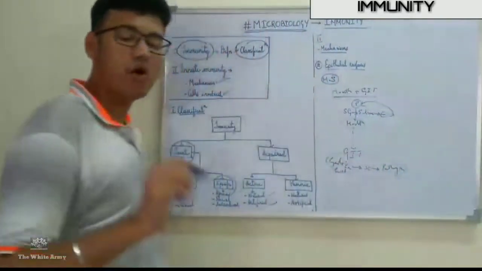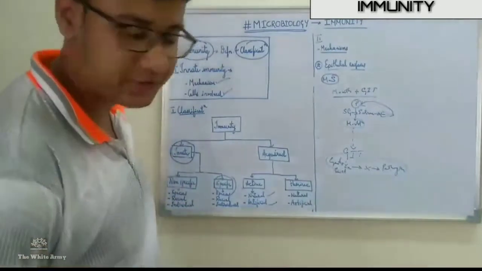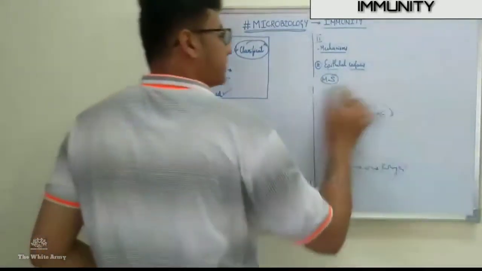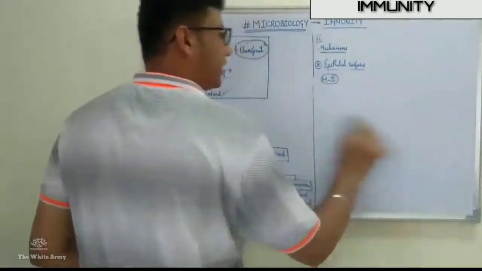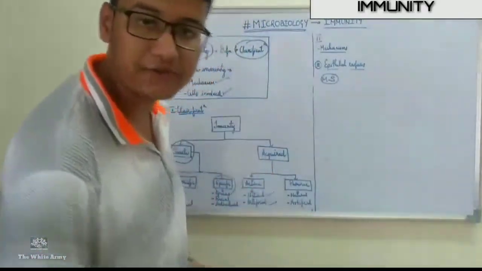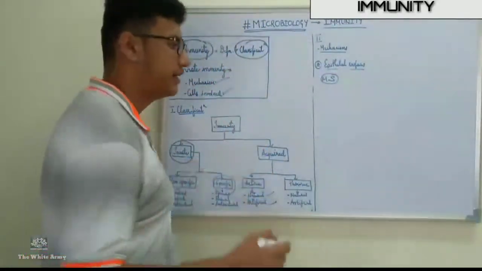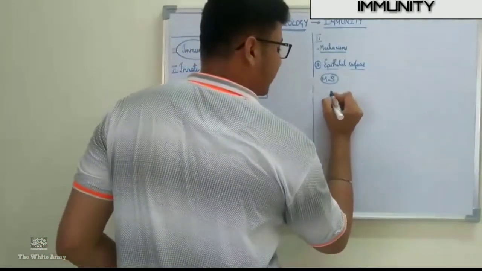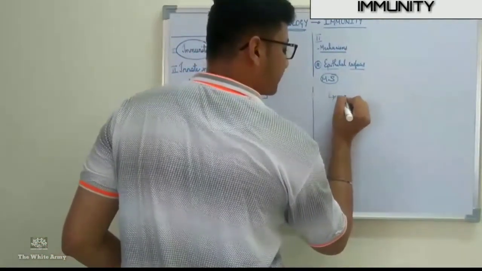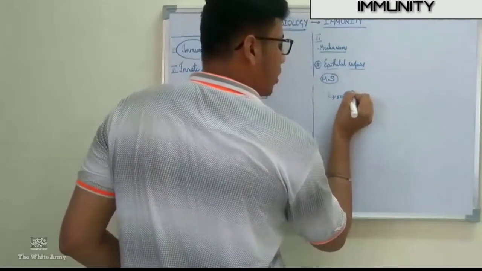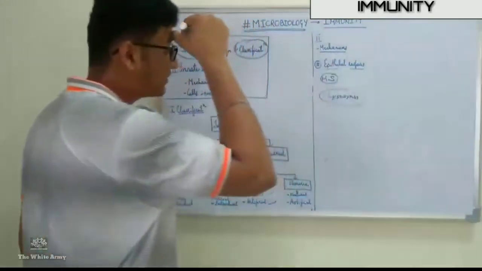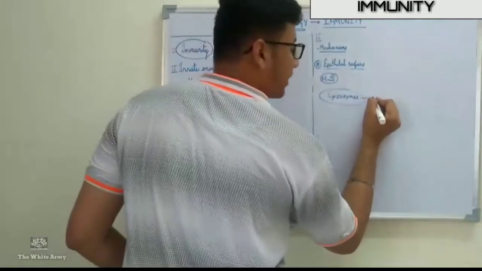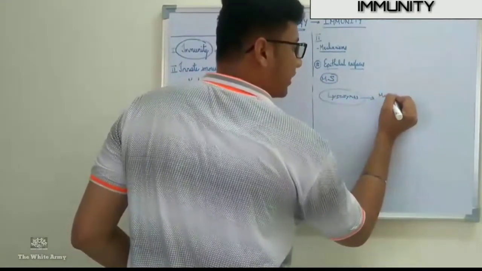Next we will look at the eyes, and how there is a mechanism of destruction of pathogens by innate immunity in the eyes. The eyes are rich in lysozymes, where this lysozyme splits the mucopolysaccharide lining or border of the bacterial cell wall.